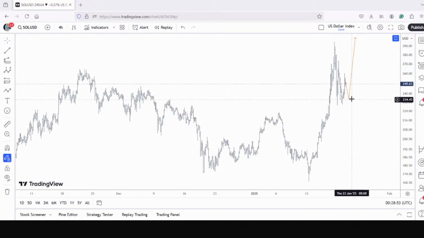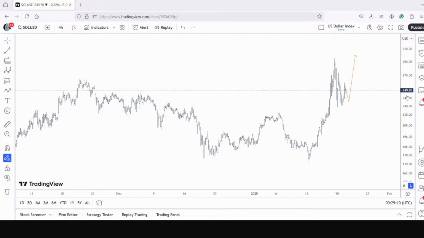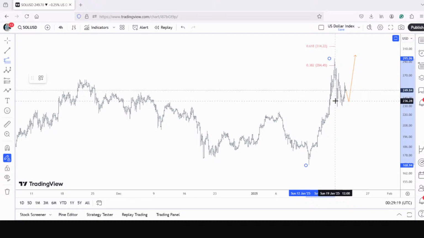So the trade setup would be like long around 235. Stop right below that low, 229, just around the 230 handle. That's 5 points of risk. And target, let's do the target with this particular cycle itself. Let's try and project it. Okay, 314.